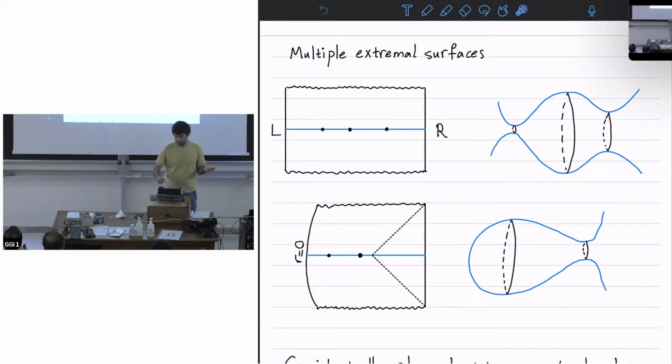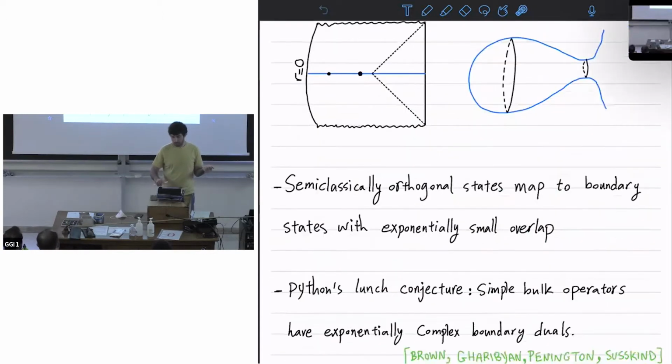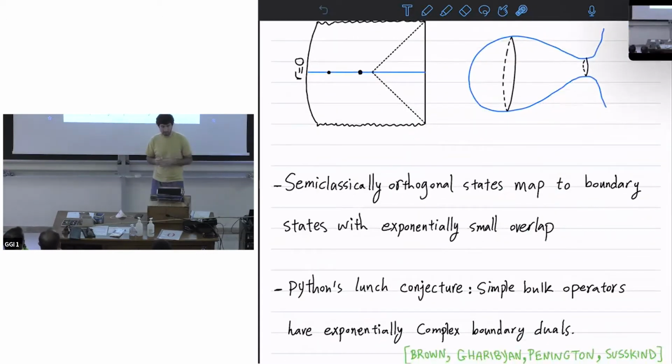A peculiar feature of the bulk to boundary map, there are probably many, but one to mention is that semi-classically orthogonal states map to boundary states with small overlaps, in a way that has drastic consequences if you consider too many bulk states at once.